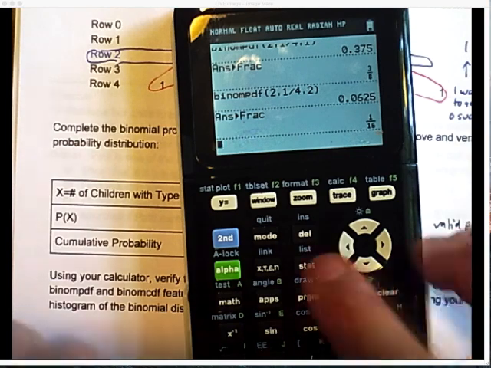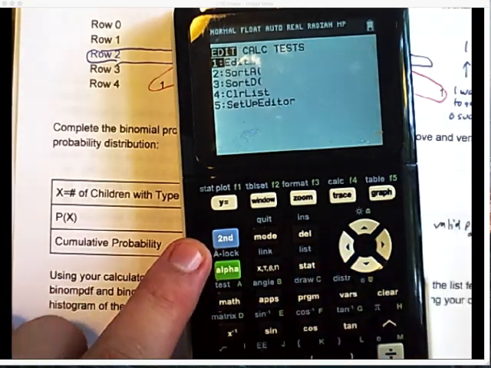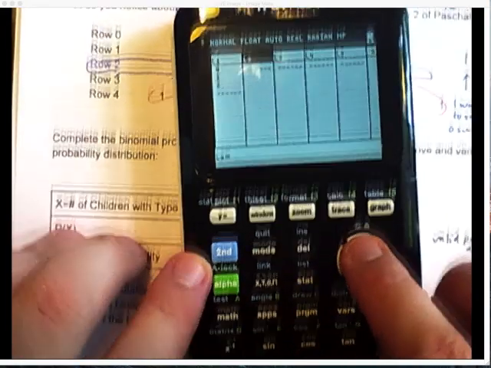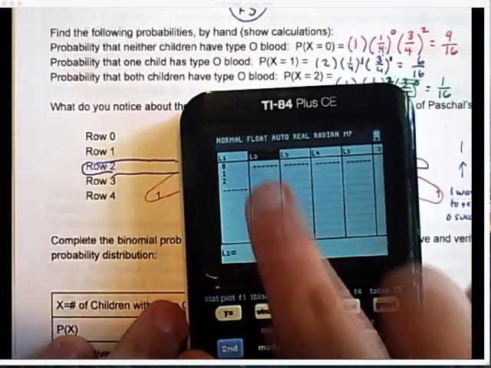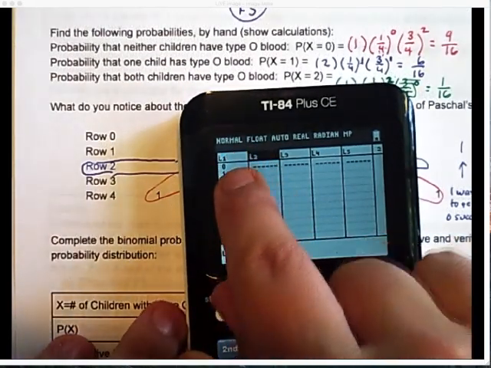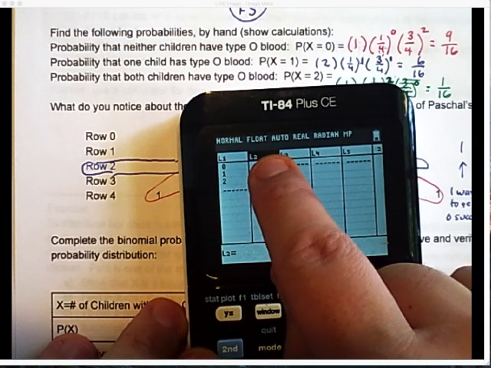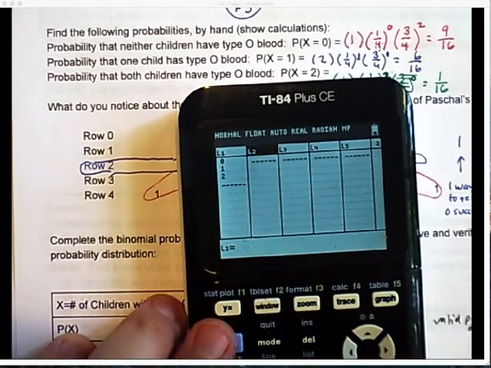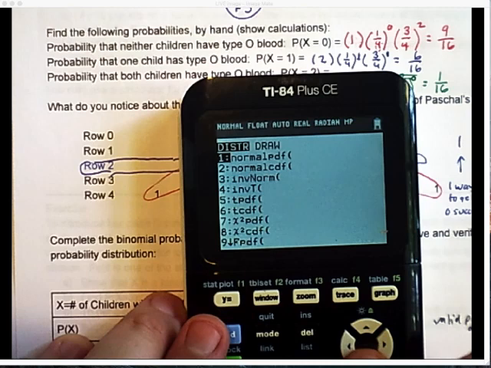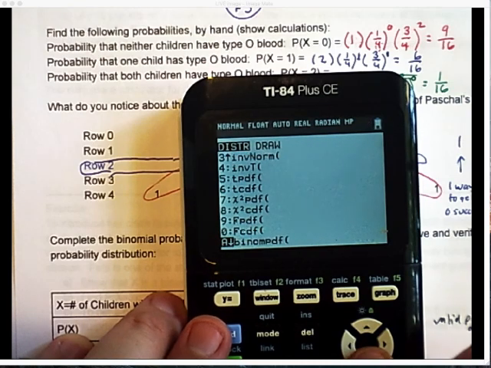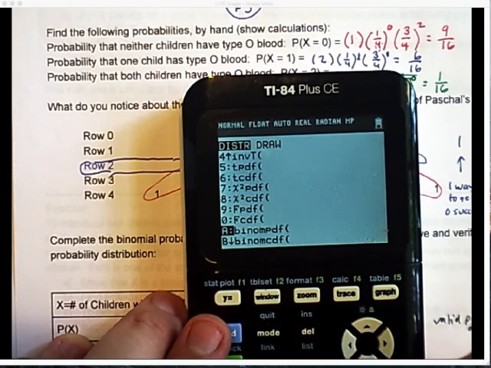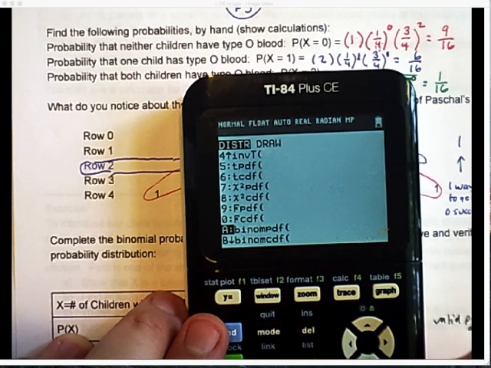All right. So let's go to the lists again. There's a way you can do this all at once. So here's how you do it all at once. List your possible X values in list 1, then toggle up to where it says L2, go under your distribution menu, go down to option A, binom PDF, click enter.